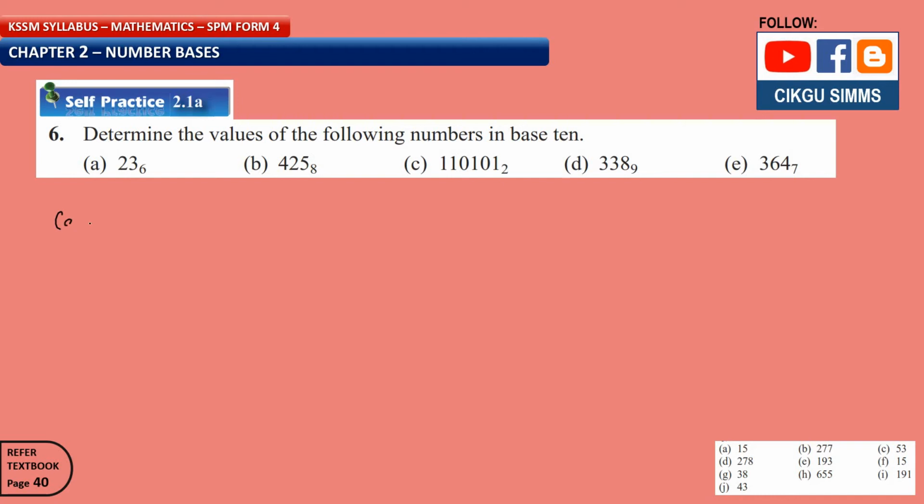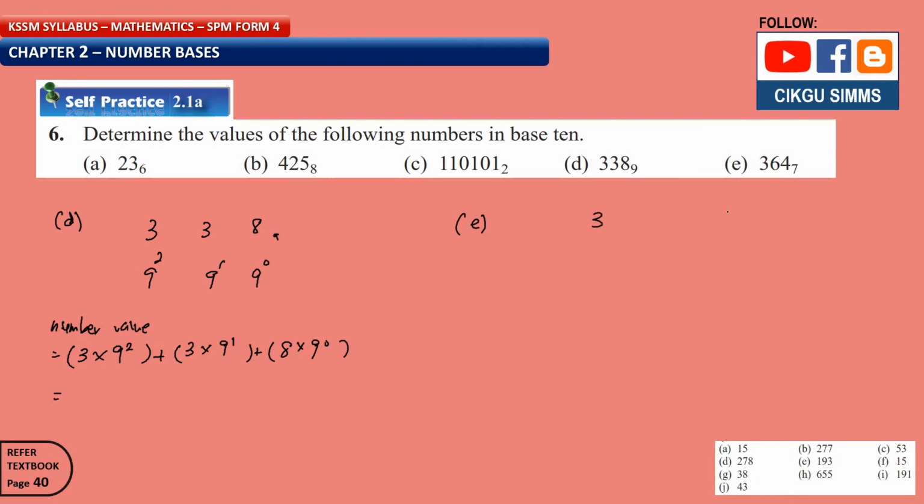Question D, you do the same thing. 3, 3, 8, base 9. So you bring the 9, 0, 1, 2. And then your number value. So 3 times 9 to the power of 2, 3 times 9 to the power of 1, 8 times 9 to the power of 0.